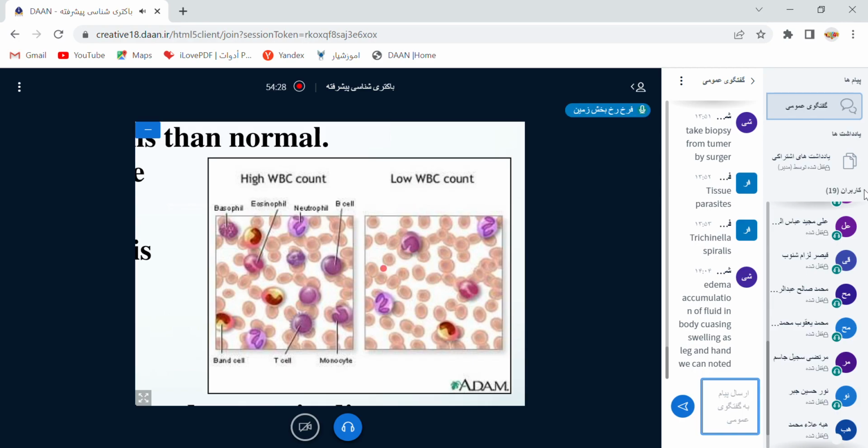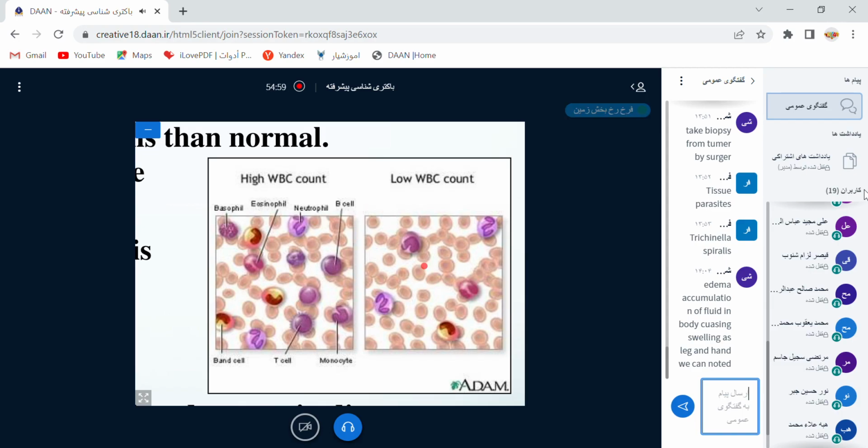You can see those cells without nucleus, they are red blood cells, and the other bigger cells containing a nucleus, they are white blood cells. After you are experienced, very easily you can understand this.